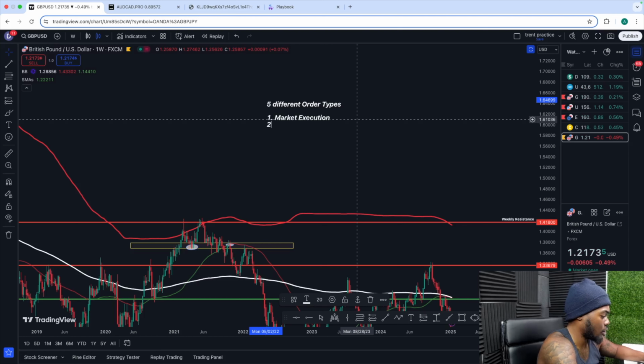The second one is known as a buy stop. The third one is known as a buy limit. The fourth one is known as sell stop. And the fifth one, of course, is known as sell limit.